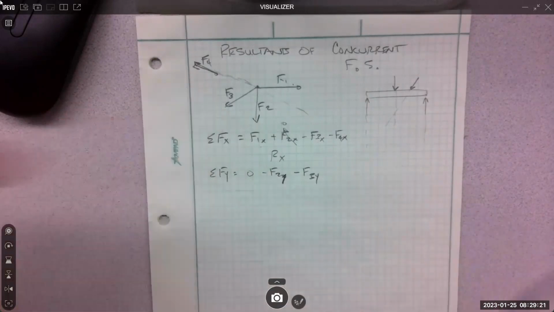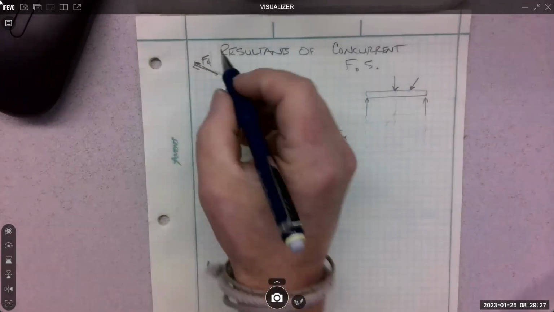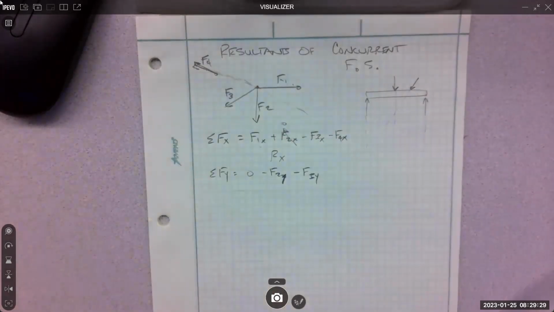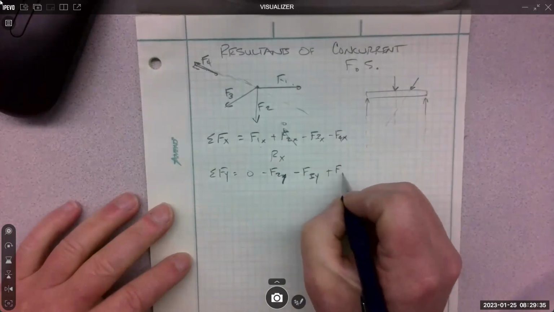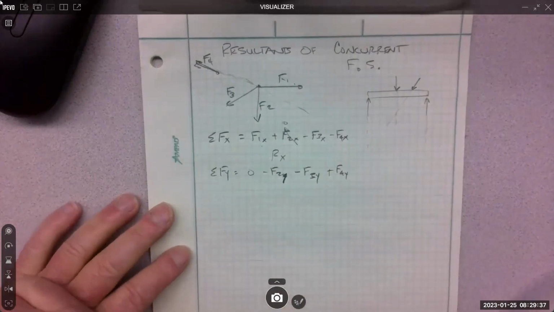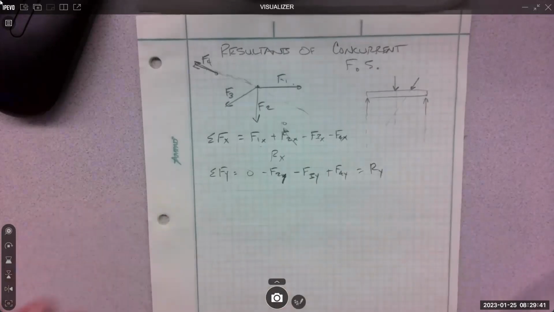I have one positive, one negative. We need someone to break the tie. F4, the Y component, does it have an up effect? Yeah, it has an up effect. Up is positive. Right, and all that equals the component in the Y direction of the resultant.